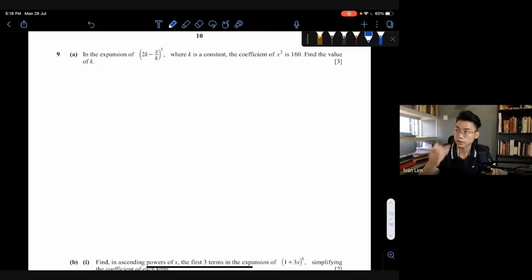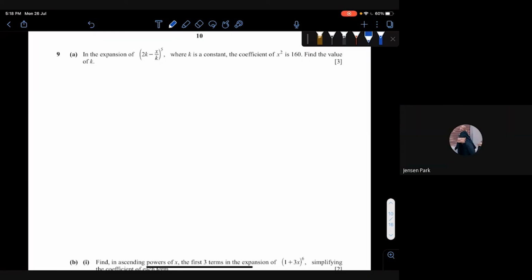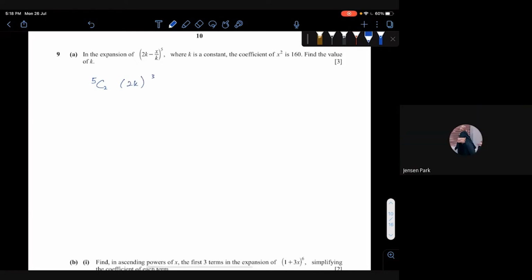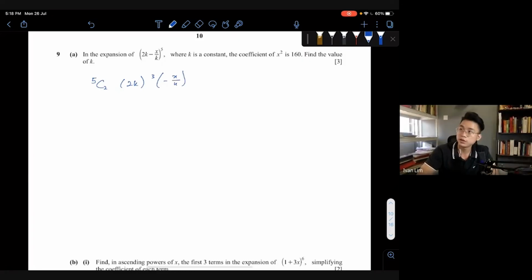But this one, I don't need to expand all of it. Don't waste your time doing all of it. Your x is 2, so the power of 2k is 3. The sum of the powers will always equal n. So 5C2, (2k) cubed, (negative x over k) squared equals 160x squared.